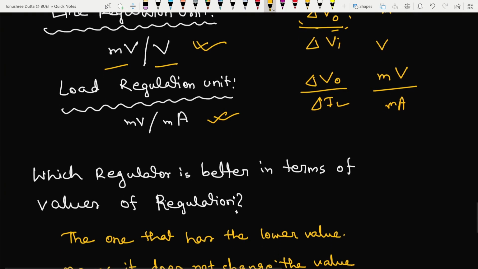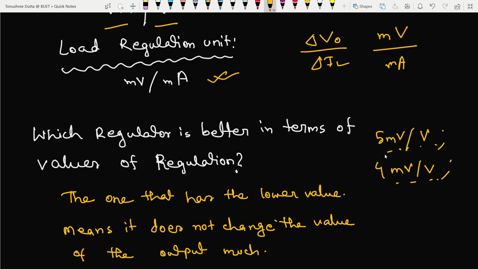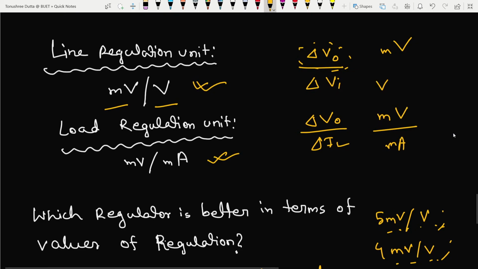So now, how do you quantify these regulation values? How can you say which is better if our regulator has a value of, say, 5 millivolt per volt and another has, say, 4 millivolt per volt line regulation? From the units, you can tell these are values of line regulation, because I just said that millivolt per volt is the line regulation unit.